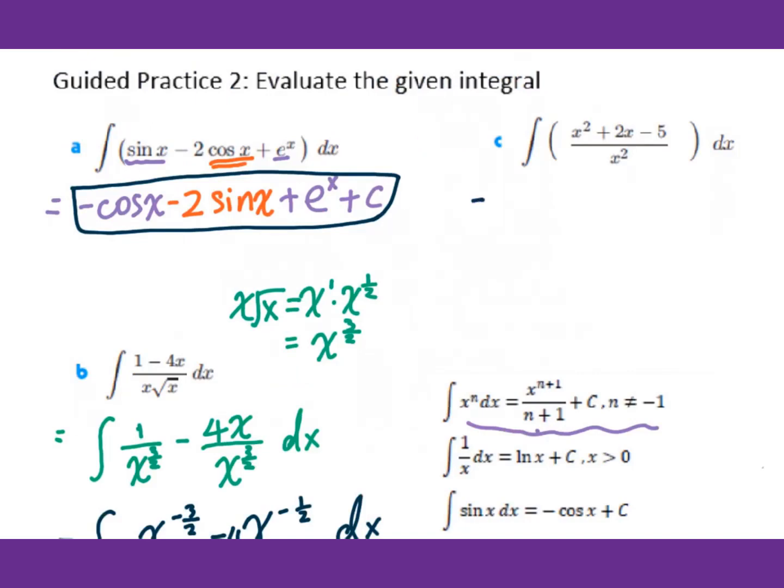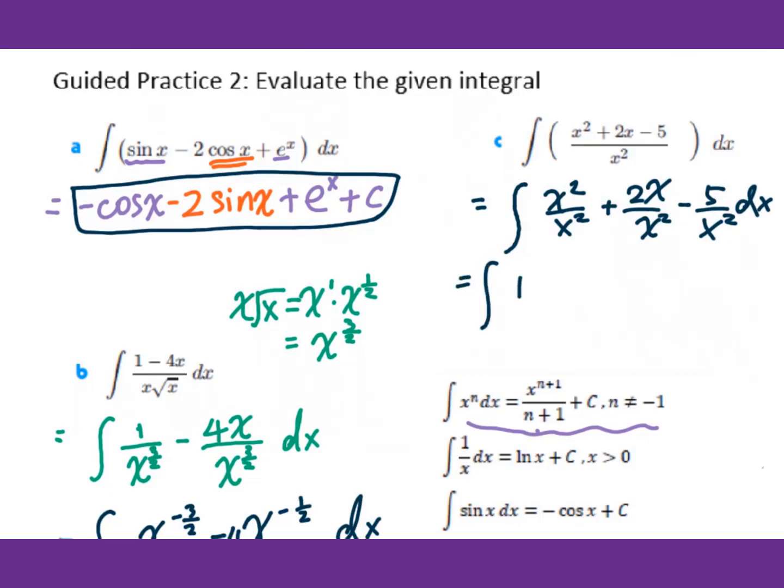Let's go to c. We will separate. So x squared over x squared plus 2x over x squared minus 5 over x squared dx. So you will get 1 plus 2 over x minus 5x to the negative second power dx.